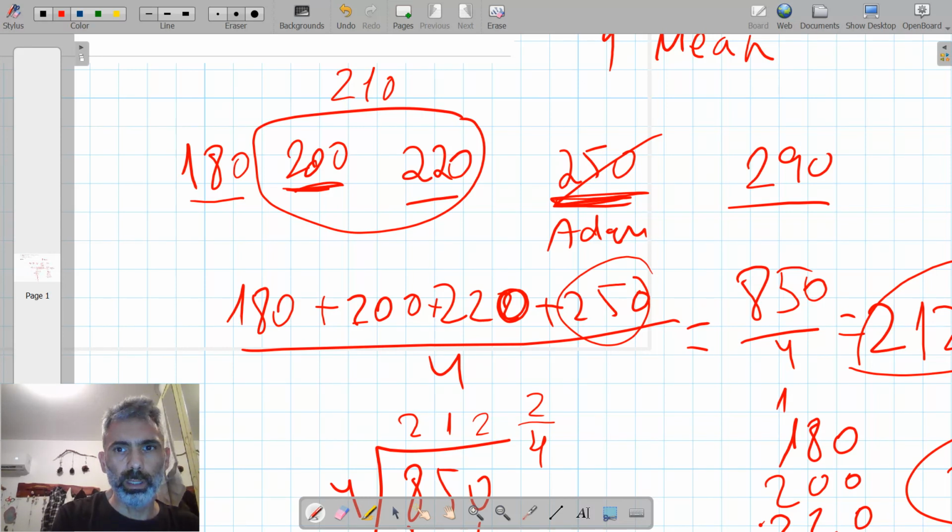And when we take into consideration the 290, so we have 180, 200, 220, and 290, the median will not change. The median will stay the same.